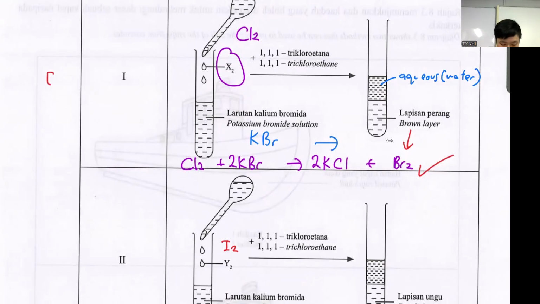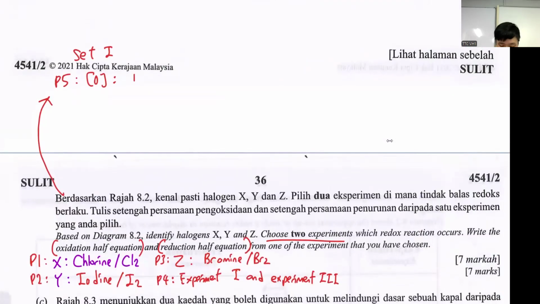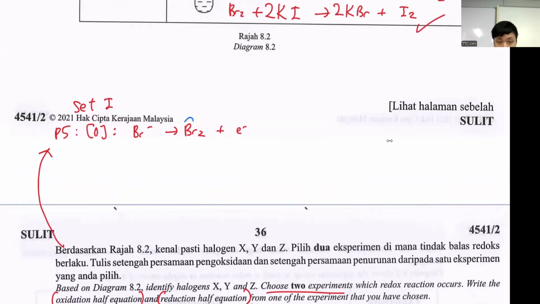Oxidation means the oxidation number increases. Br minus is -1, and Br2 is 0. So from -1 to 0, the oxidation number increases. That is oxidation. So Br minus becomes Br2 by donating electrons. Oxidation is always donating electrons. Then balance the equation: 2Br minus gives Br2 plus 2 electrons.